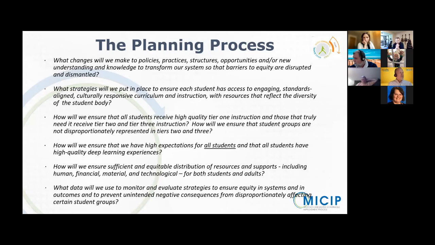The fourth bullet talks about having high expectations for all students. This is a very personal thing in terms of looking at ourselves internally and asking, are we providing what we're calling deep learning experiences? It's connected to some of the higher-level thinking in, say, Bloom's taxonomy, but it's not only that. Are we giving all students access to that?